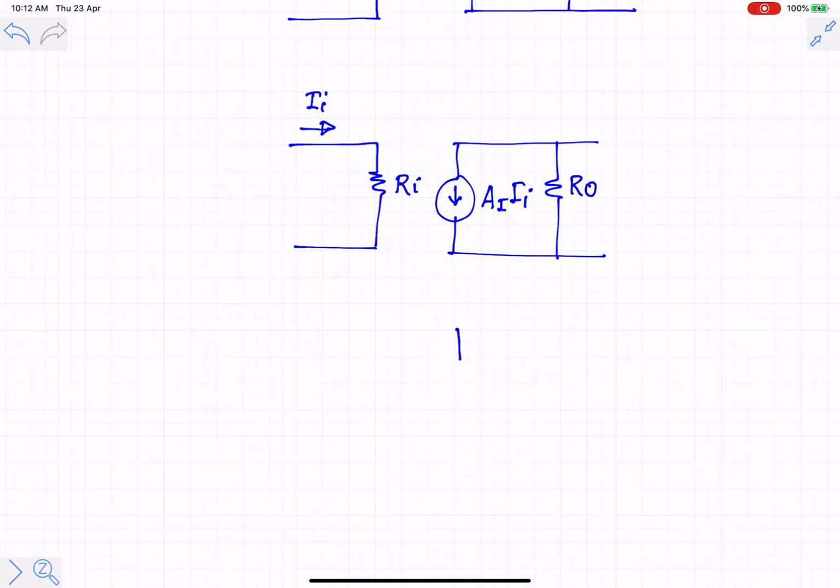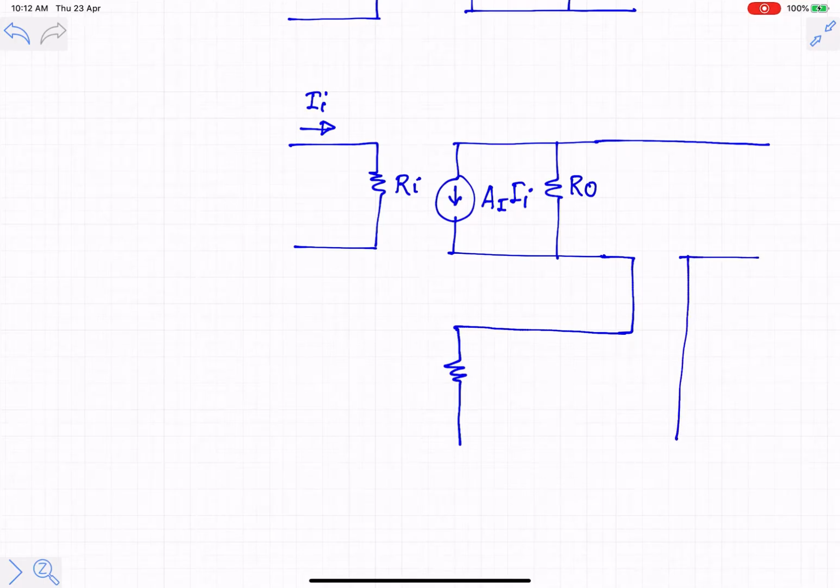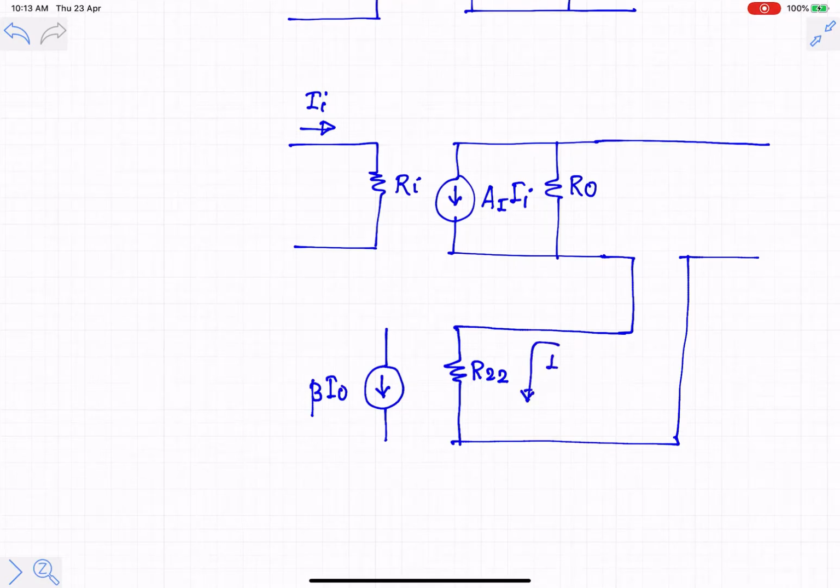So the input side of the feedback network should be placed in series with the output of feed forward amplifier. So this is equal to R22, and the output side of the feedback network consists of the current controlled current source beta into I naught. This current is I naught, and the impedance is equal to R11.